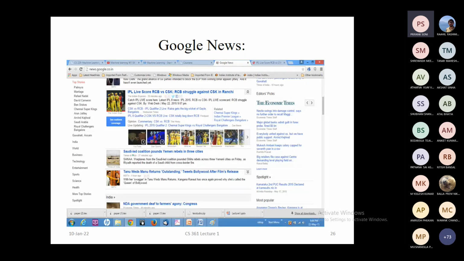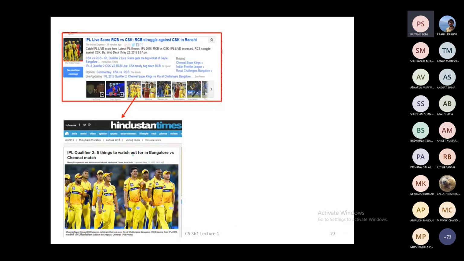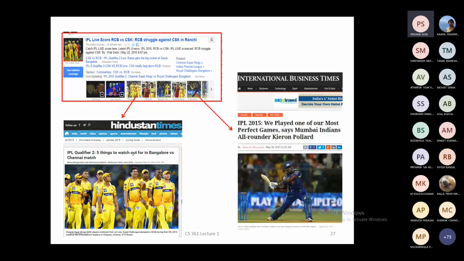This is also a kind of clustering, because Google has plenty of different news, but it clusters it. IPL is a cricket tournament, generally held in India. I took this example long back, but it still works this way: these are the IPL events, and if you go there, these are the different pieces of information you get.